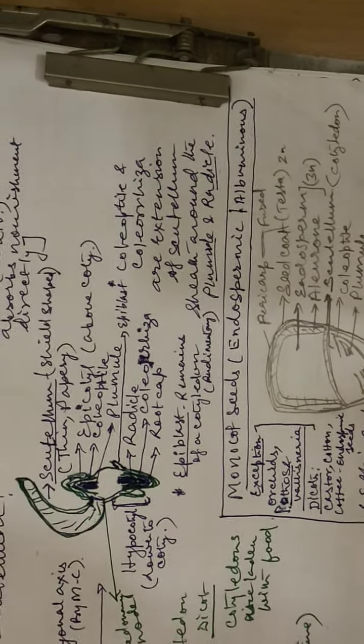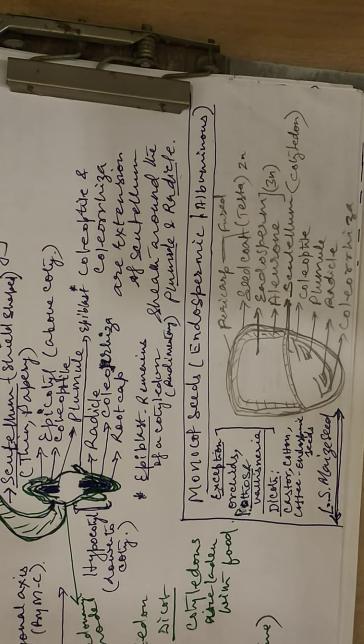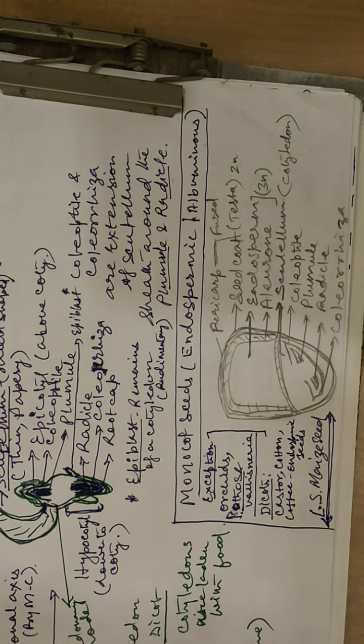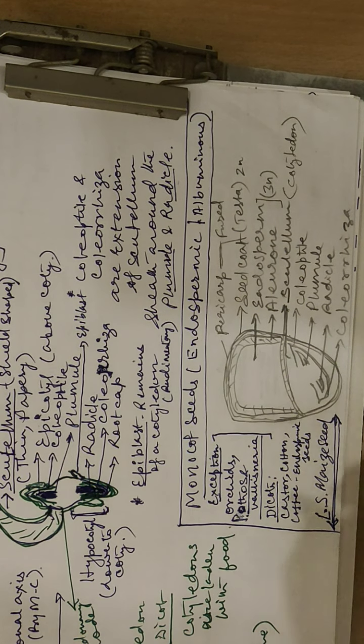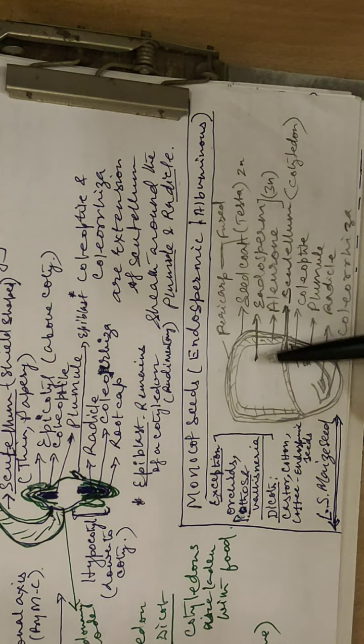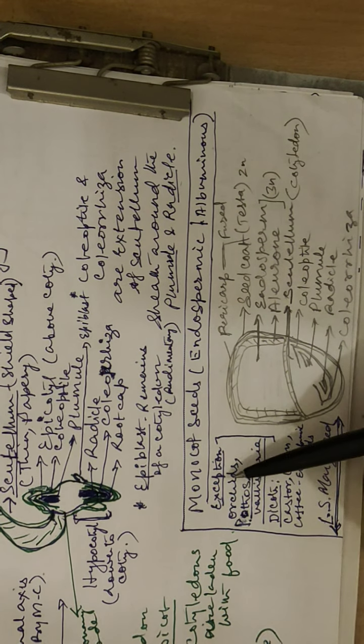So how are they different? As you can see, this is the diagram of a longitudinal section of maize, the most common diagram which we use for the study of monocot seeds, which are endospermic, albuminous.